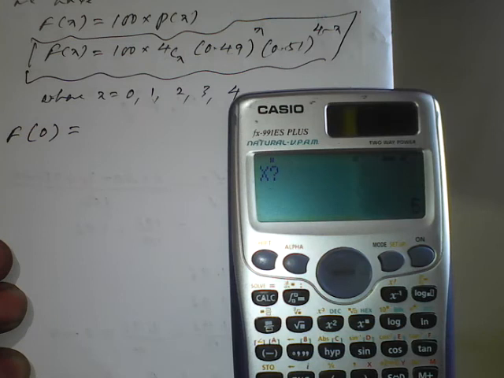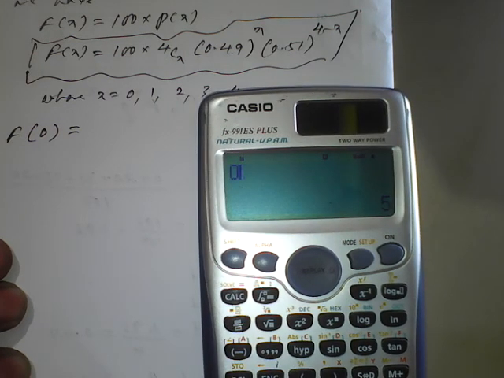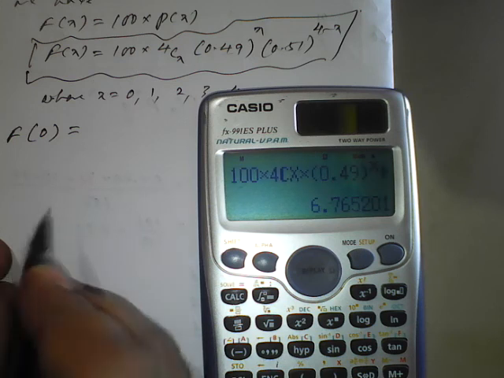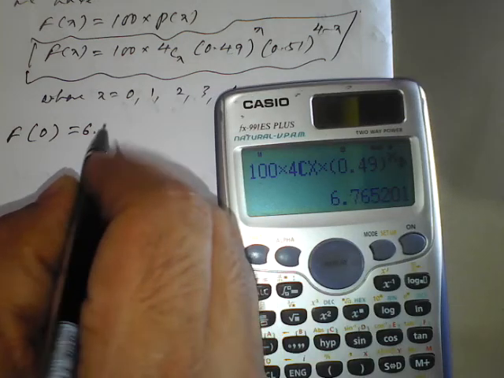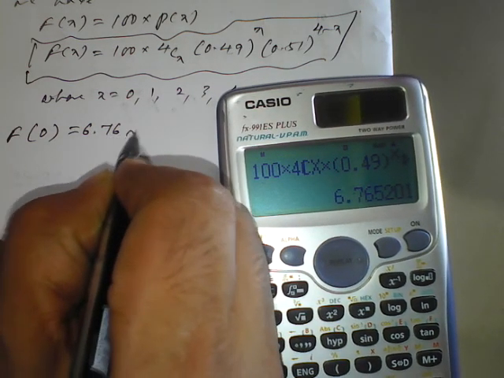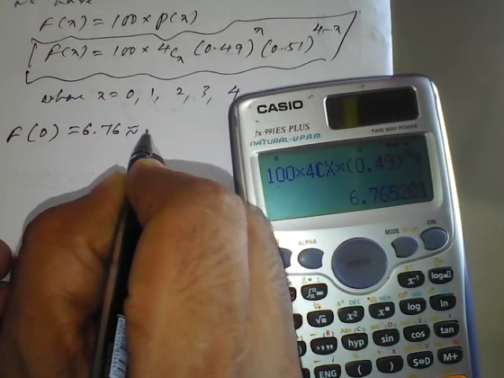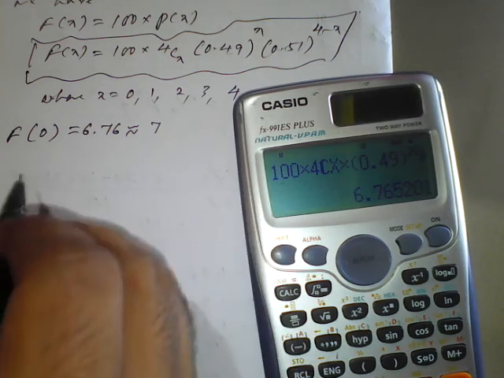Now when x is 0, we get the answer 6.76, which I will round up as 7 because I want a whole number.